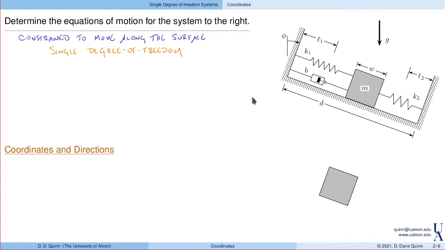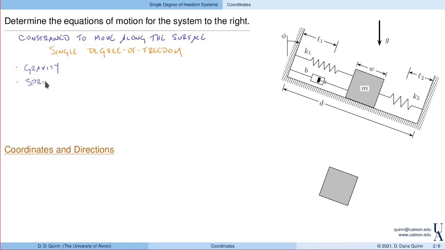Now, the next thing I want to think about are the forces that lead to motion in this problem. If I look at this block and ask what kinds of things are happening, well, we have force due to gravity. That certainly acts on the system. We've denoted the gravitational constant G here. We have forces from these springs.